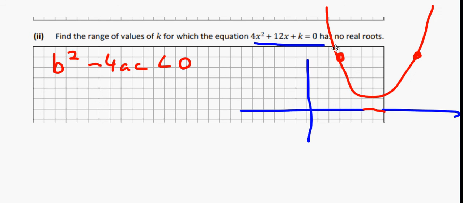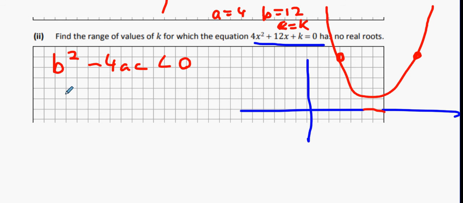So what we're going to do here is b squared minus 4ac less than 0. The a value is 4, the b value is 12, and the c value is k.